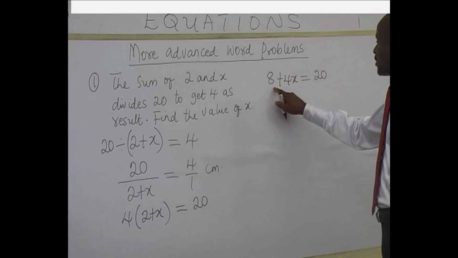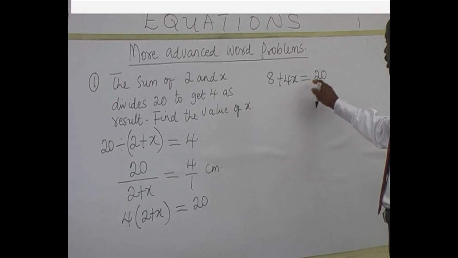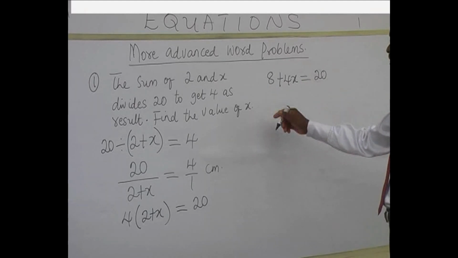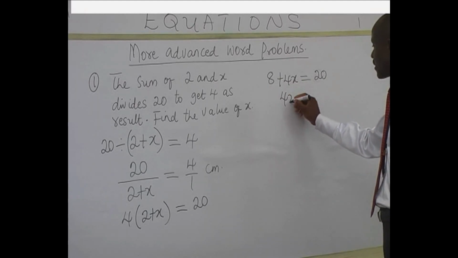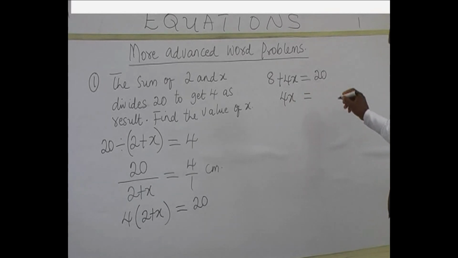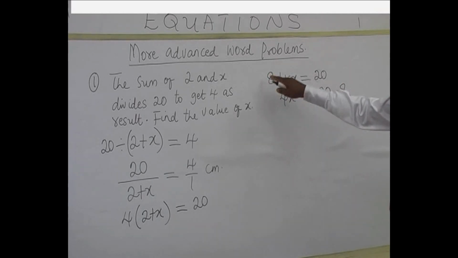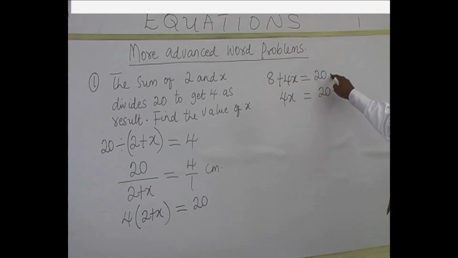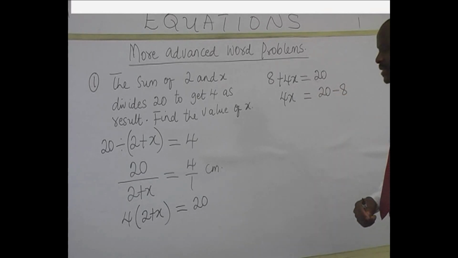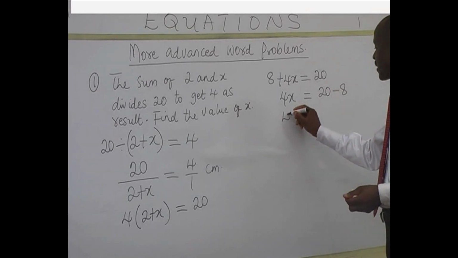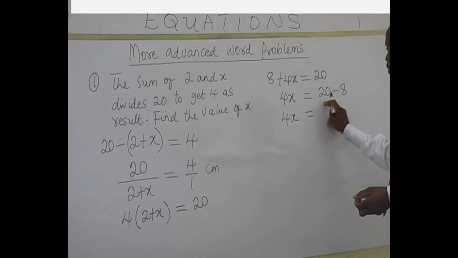Now, subtract 8 from both sides of the equation so as to remove 8 from the left-hand side, and we'll be left with only 4x, which is now going to be equal to 20 minus 8. Another way to do it is, since you have 8 here as plus 8, move it to the right-hand side, it will change to minus 8, just as I explained before. Now, 4x will be equal to 20 minus 8.